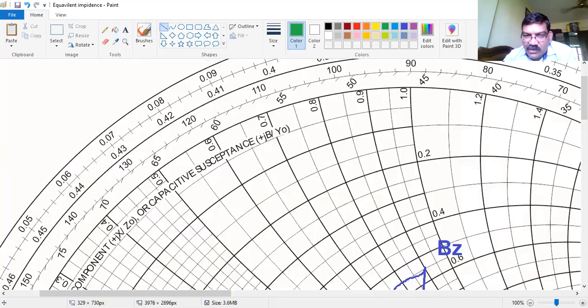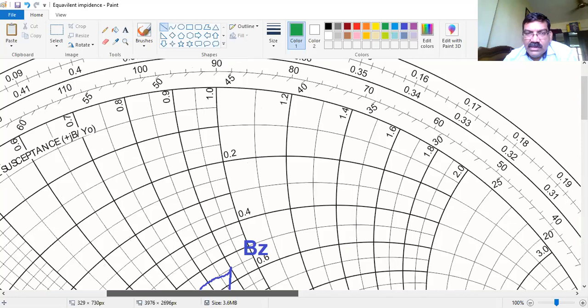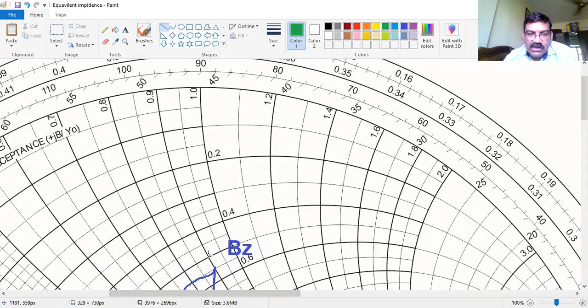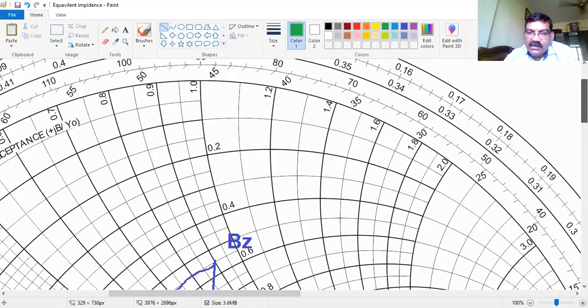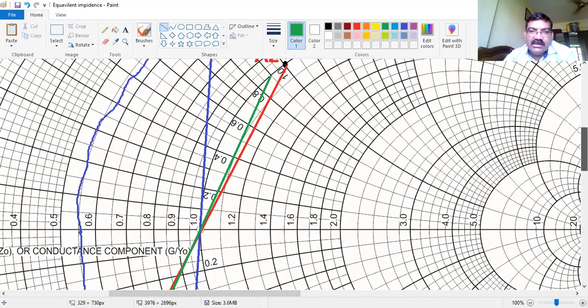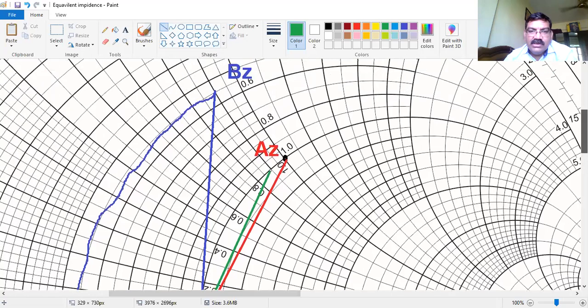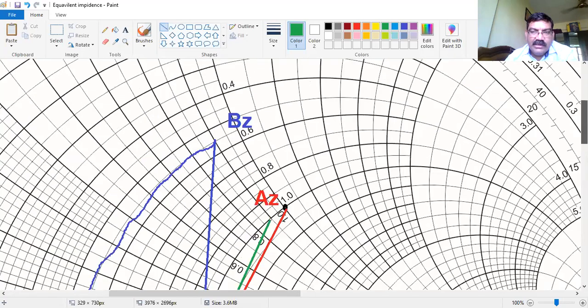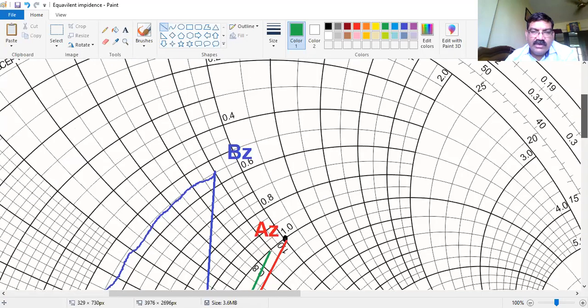I'll just maximize it so that you can see this. This is 0.9, this 0.9 circle, and this is one circle. This is the point. That's why I use the different color.